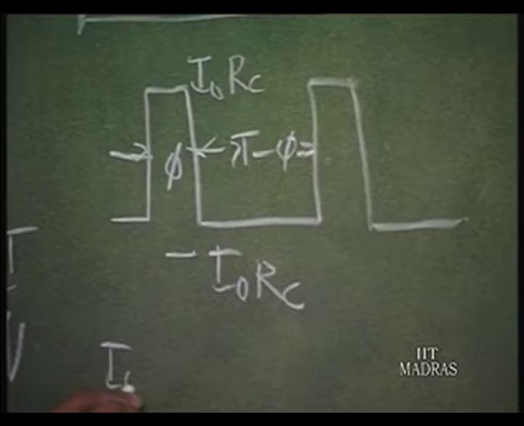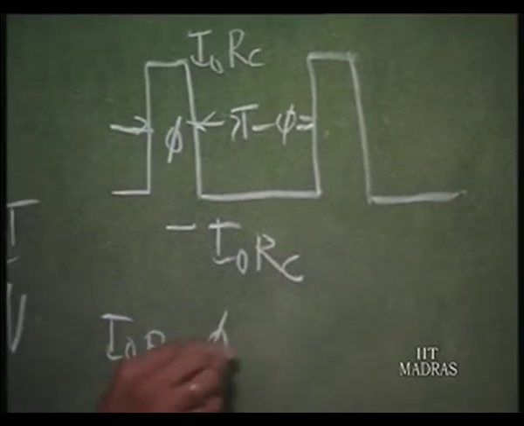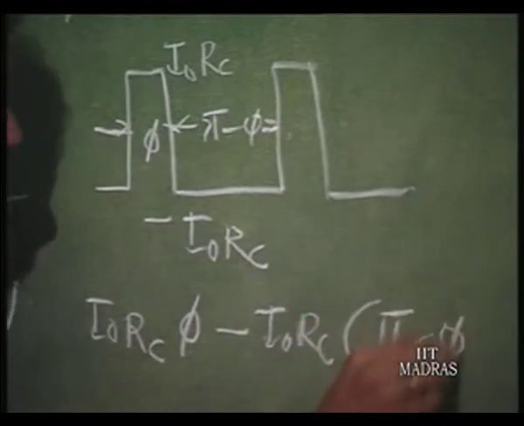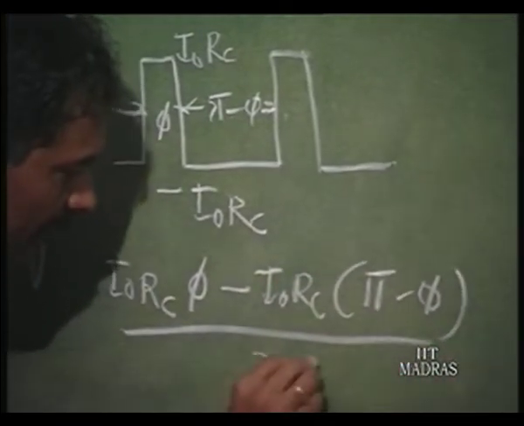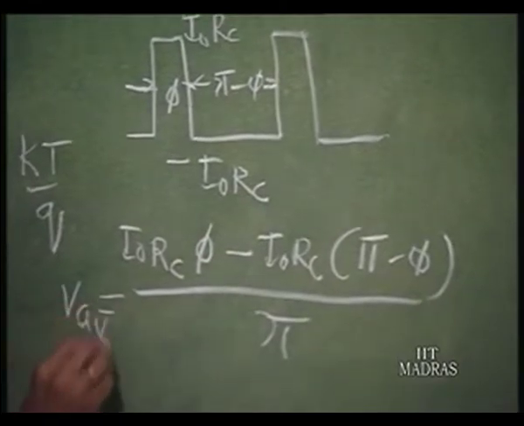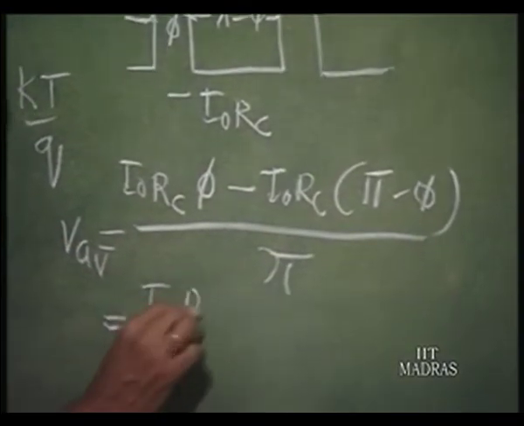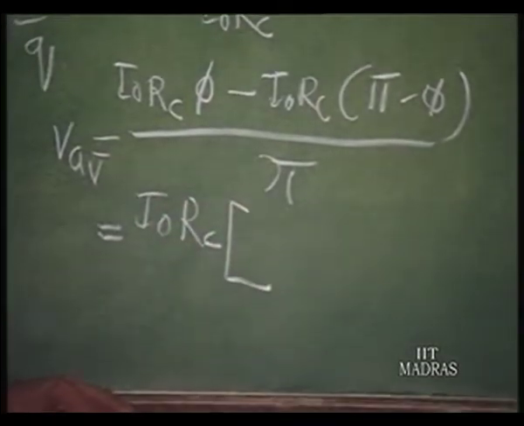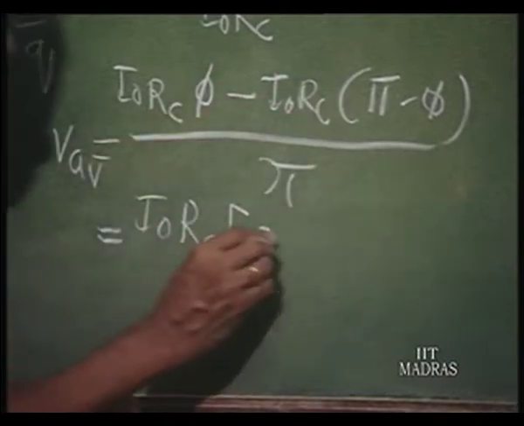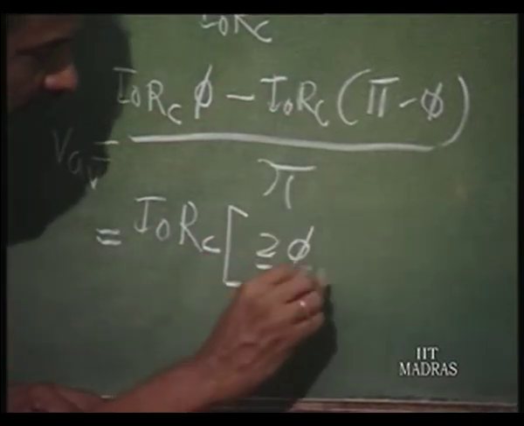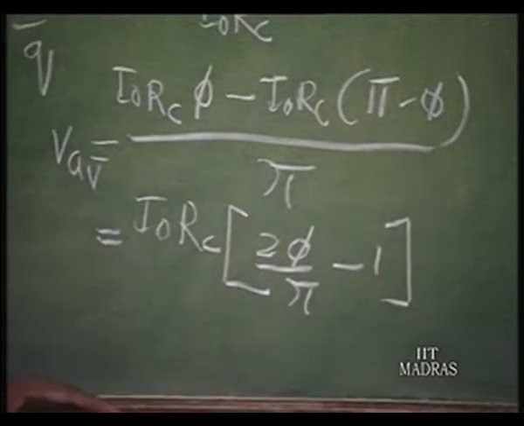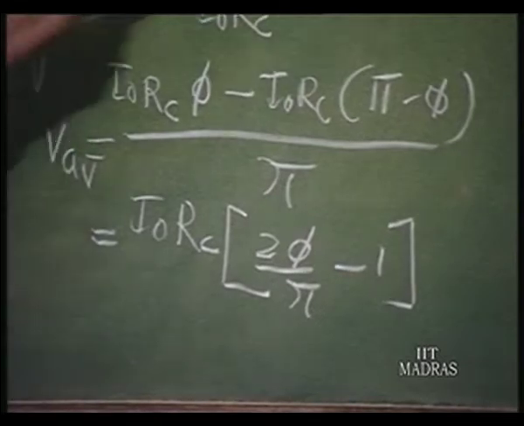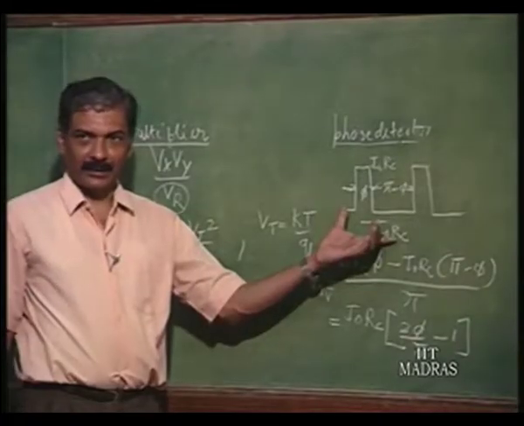So, you have I naught Rc into phi minus I naught Rc into pi minus phi, divided by pi, as the average of this waveform. So, this is going to be I naught Rc into (2 phi by pi minus 1). So, this is the average output if you use the XOR gate as the phase detector.